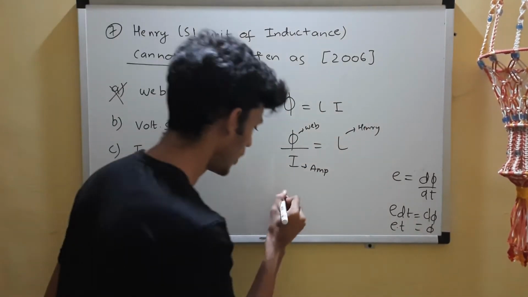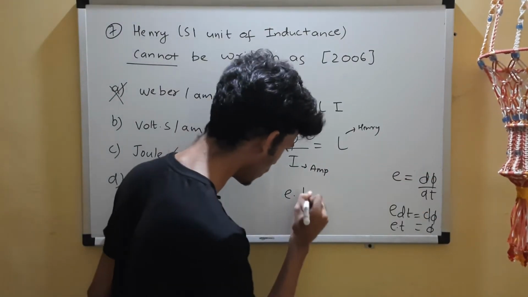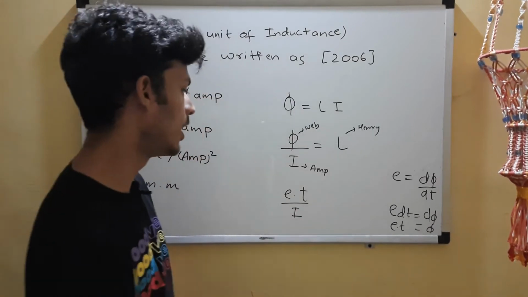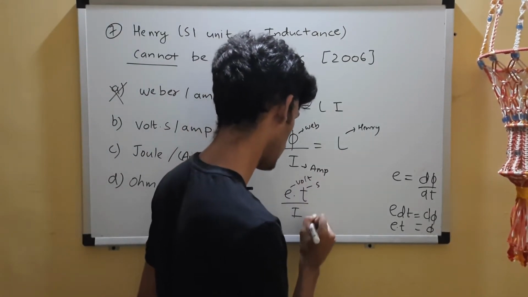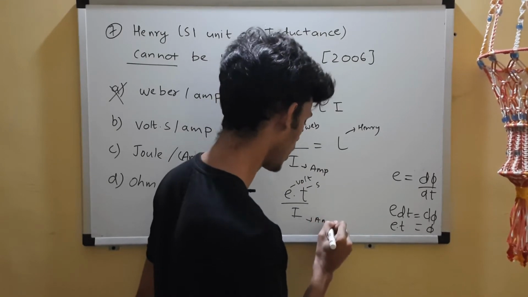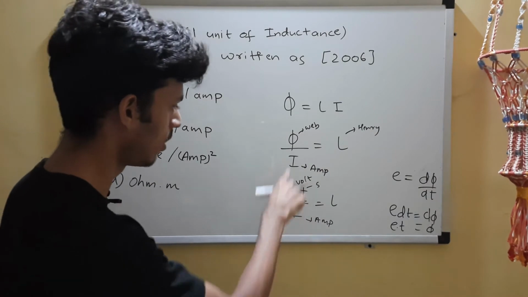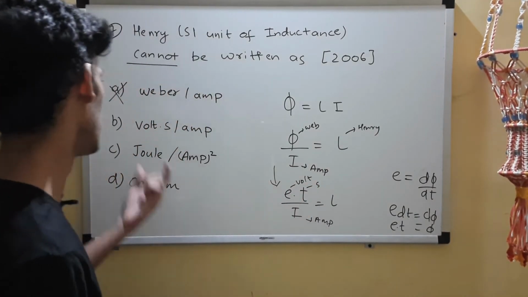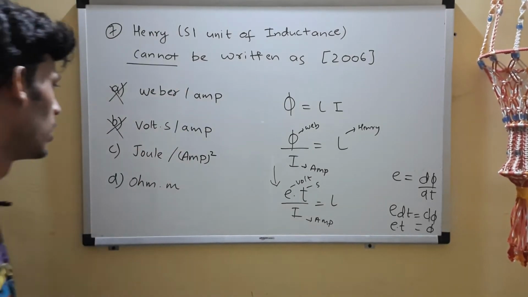E is EMF, measured in volts. So you can replace this phi by ET by I. So ET, volt, second, this is ampere. On the other side you have L, I just modified this formula. So you get volt second by ampere. So Henry can be expressed in this way also. This is also the wrong choice.